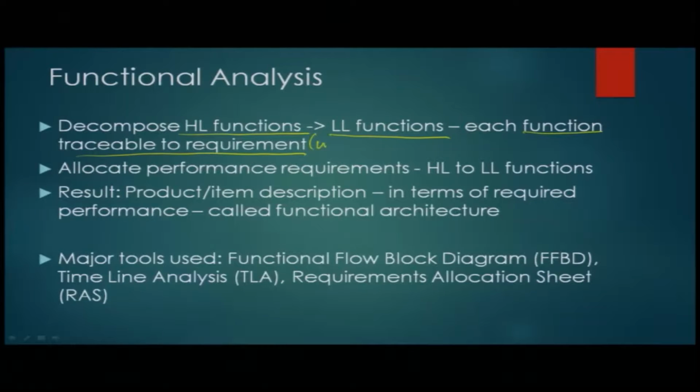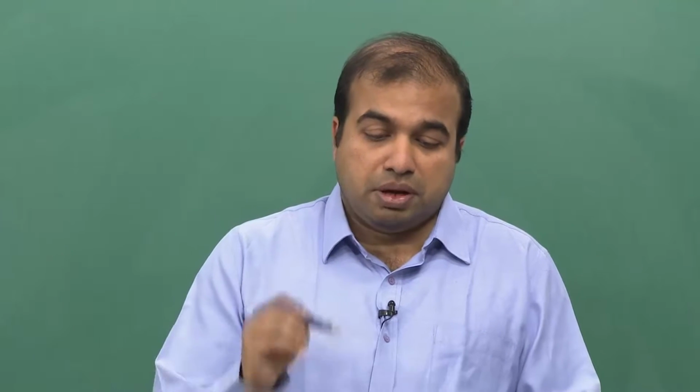Each low level function that you derive from the high level functions should be traceable to a requirement. In a way, we are saying that we are adding this low level function to ensure that the higher level function specified by the user is fulfilled.